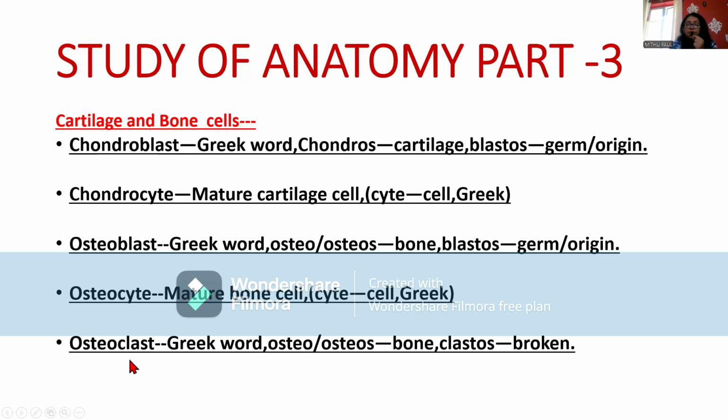And in bones, whenever there is a bone fracture, we require remodeling of the bone, reunion of the fractured fragments along with reshaping. And for that, the cell known as the osteoclast is required. Each of the cells and their characteristic histology will be taught to you in separate classes of general anatomy. This is just for introduction, because these terms will come up in our study.